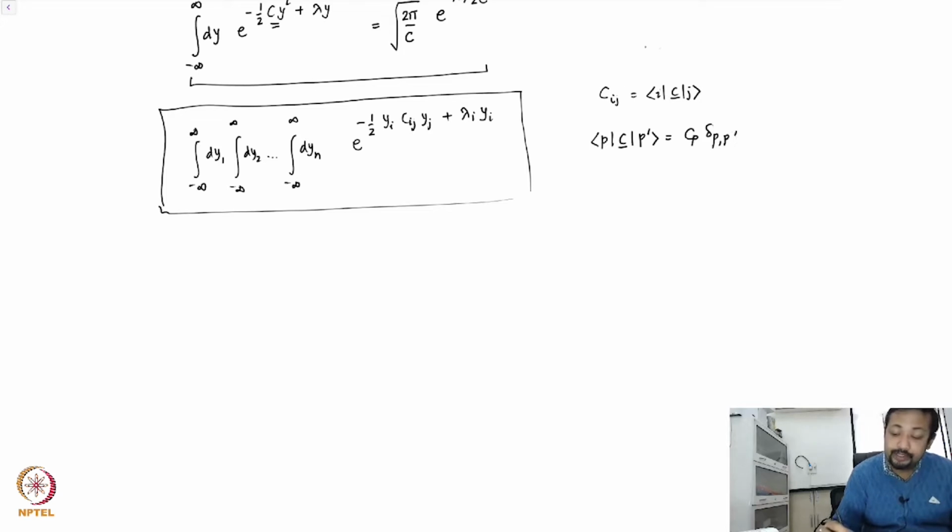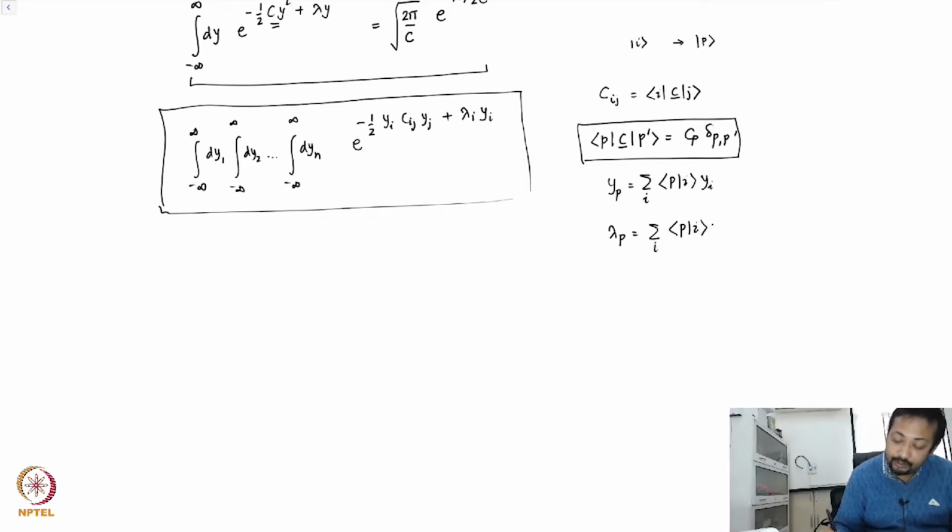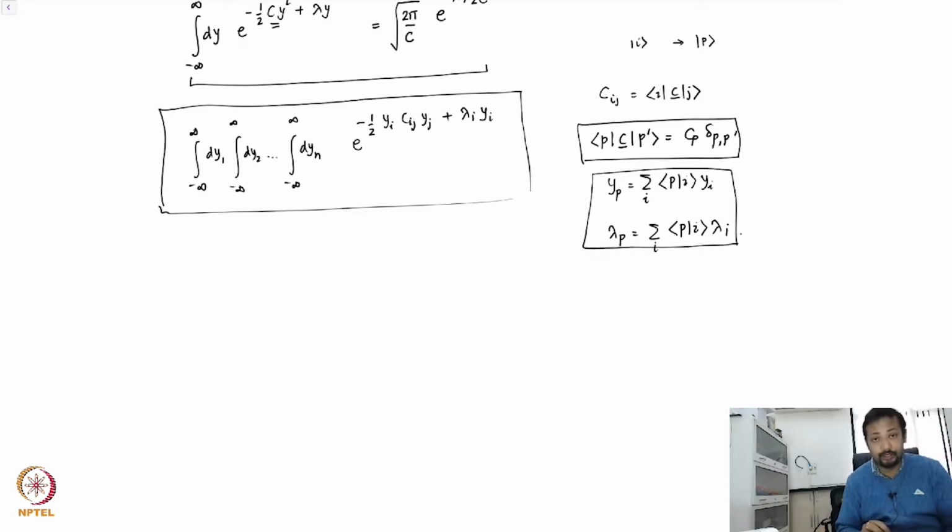So I go from this representation of i to this, which are also orthonormal, so that my matrix C becomes a diagonal matrix, and in which case you have Yp is the sum over i of Pi yi, and lambda p is the sum over i of Pi lambda i. The Jacobian of this transformation is unity, that one should take care. I mean, that is obvious.